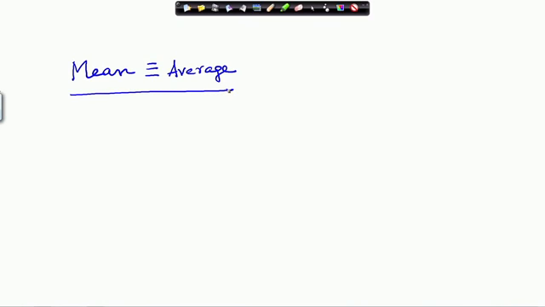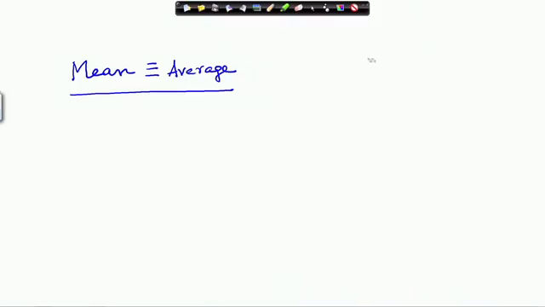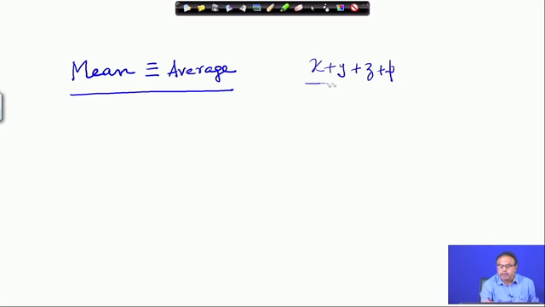Now, how do you find out the average of a large volume of numbers? All of you know how that is done. So, that is a relatively simpler problem. This has got a standard formula. If you have got 4 numbers, say x, y, z and p, you add them and divide them by 4.